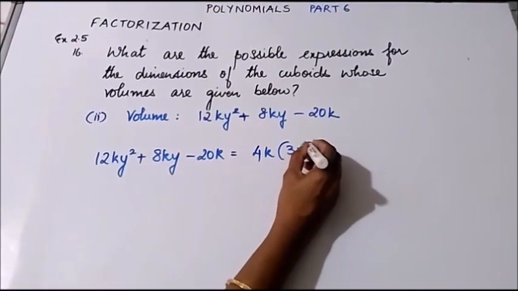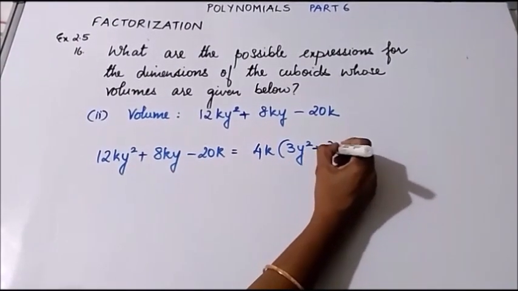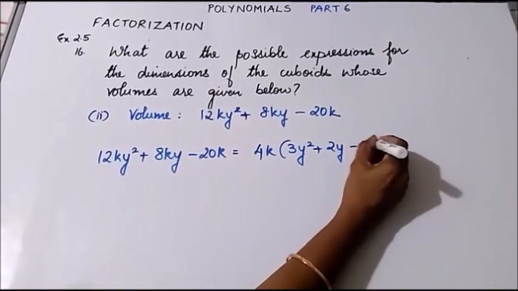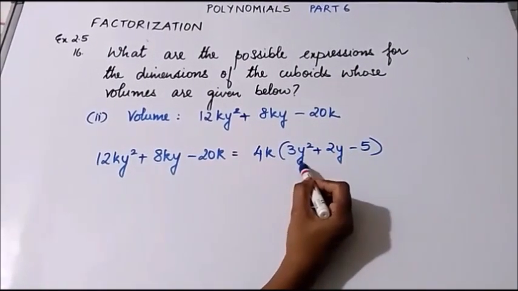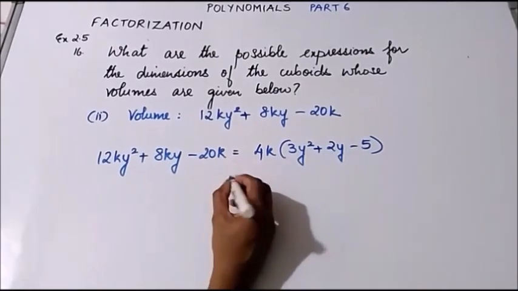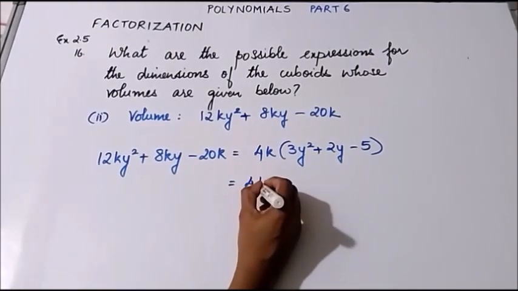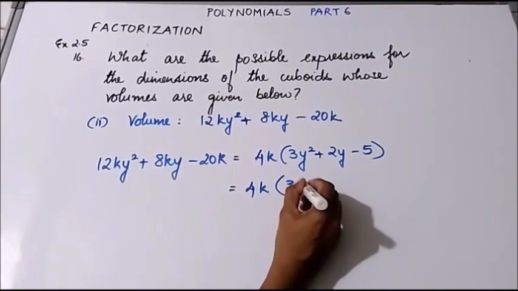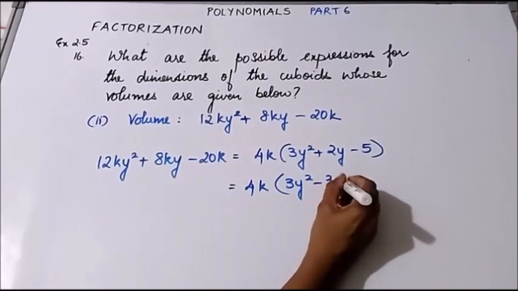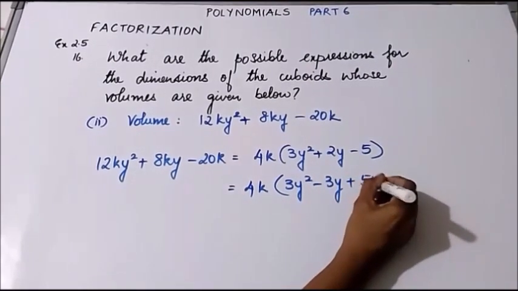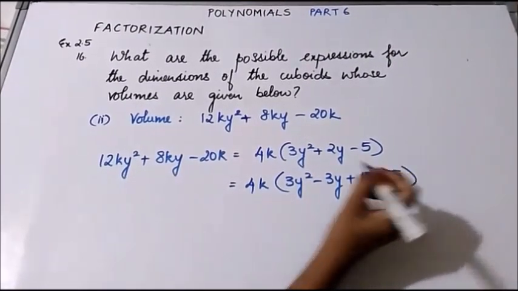You will get here 3y square plus 2y minus 5. Now this expression 3y square plus 2y minus 5 we will factorize by splitting the middle term. What will we get here? 3y square minus 3y plus 5y minus 5.